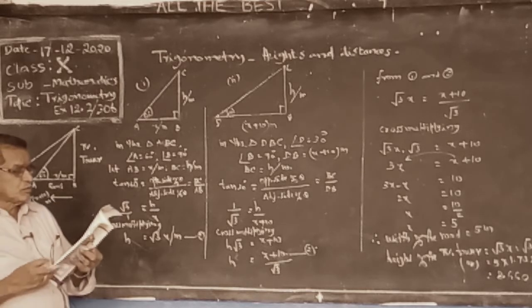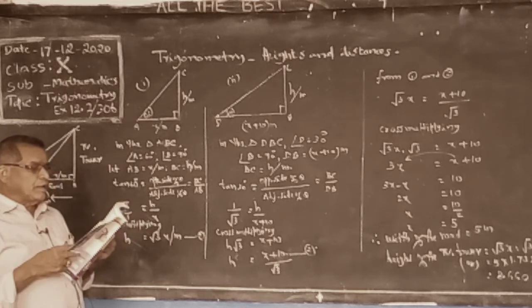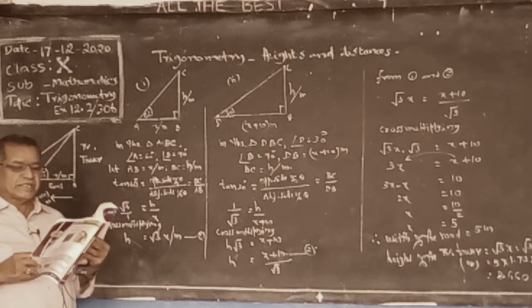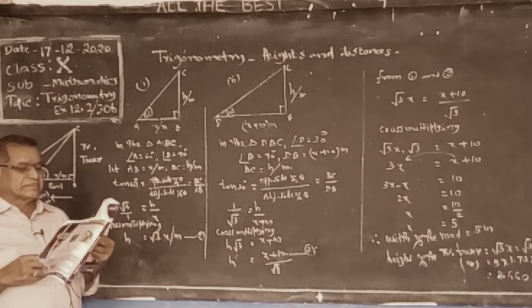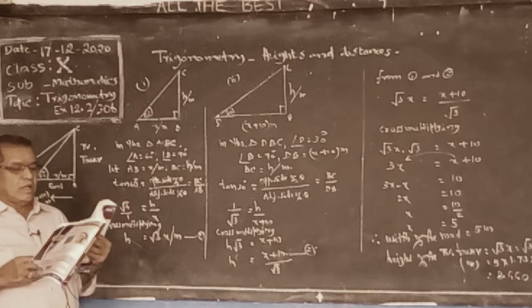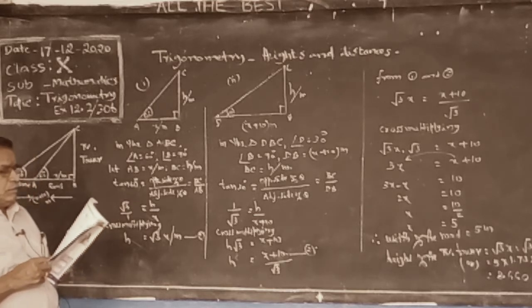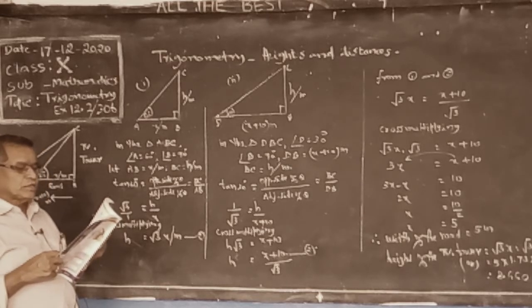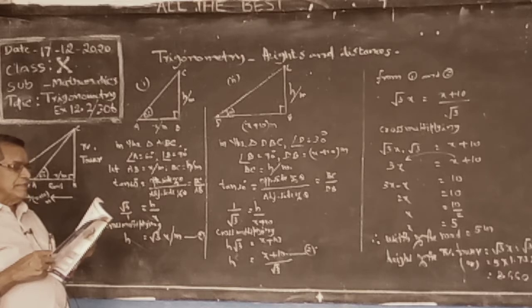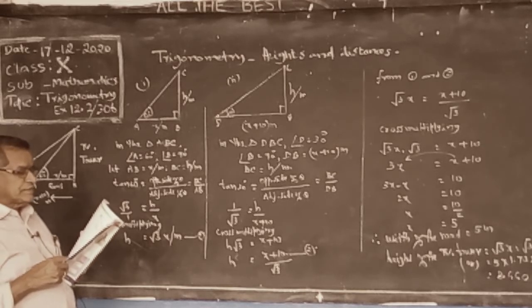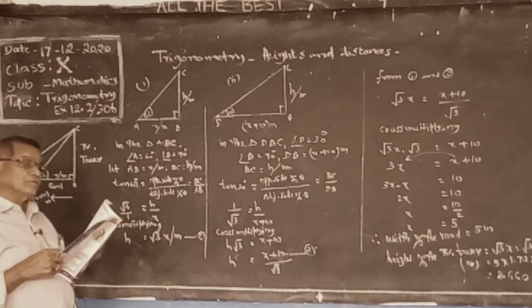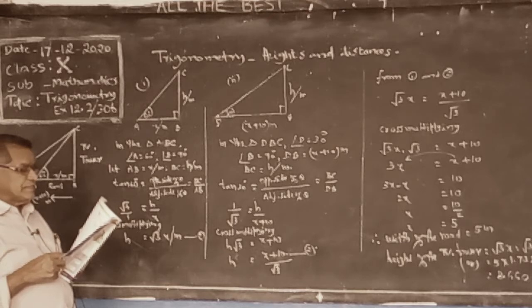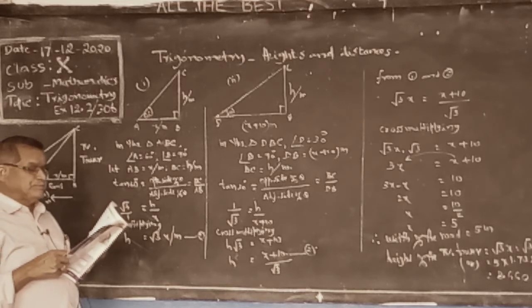Second problem. A 1.5 meter tall boy is looking at the top of the temple, which is 30 meters in height, from a point at a certain distance. The angle of elevation from his eye to the top of the crown of the temple increases from 30 to 60 degrees as he walks towards the temple. Find the distance he walked towards the temple.